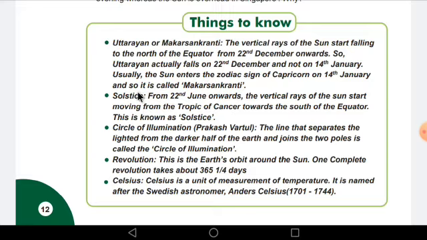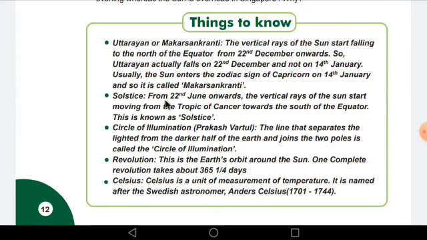Then there is the solstice. From 22nd June onwards, the vertical rays of the sun start moving from the Tropic of Cancer towards the south of the equator. This is known as the solstice.